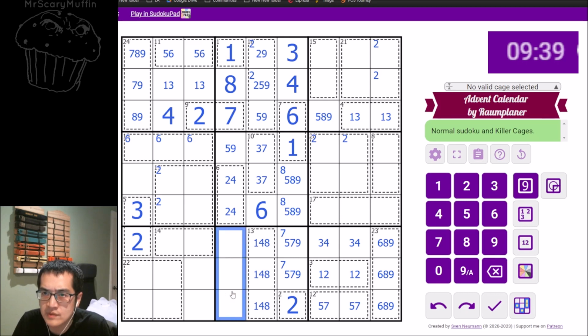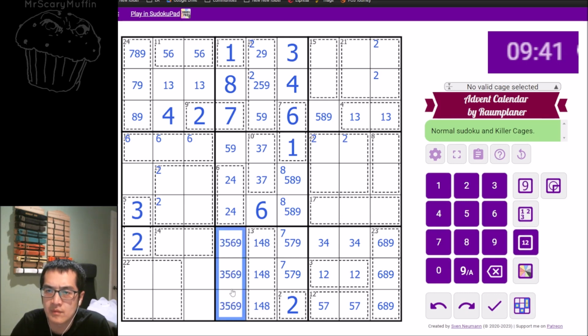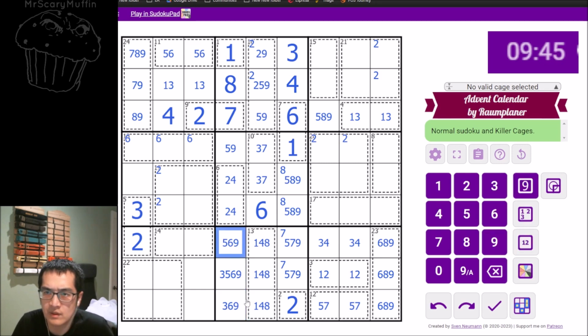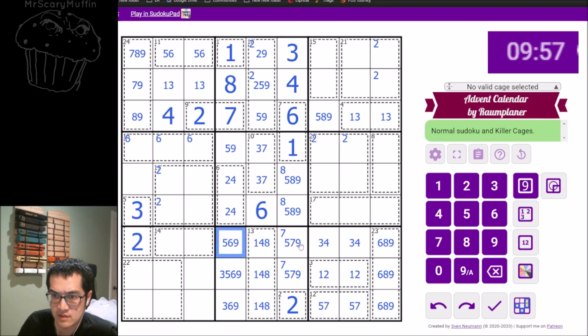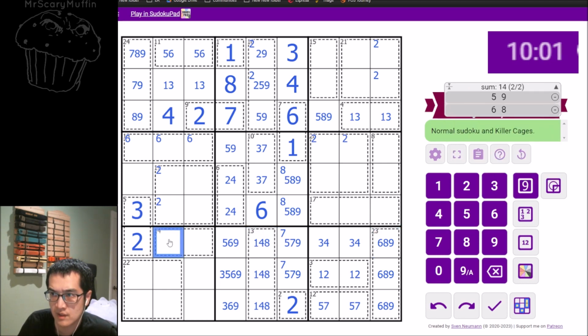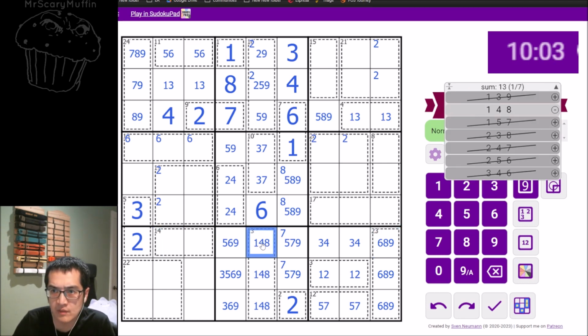The other numbers we're missing. This can't be 5. This can't be 3. This one. So I only got two options. It is either 5, 9 or 6, 8. Is there a problem with either one of those? 5, 9 would mean this is 6, and then this would have to be 8. This can't be an 8. And if this is 6, 8, then this can't be an 8 anyways, so we can get rid of that. And we can get rid of the 4, so this is a 1.